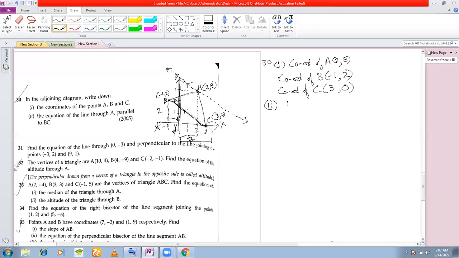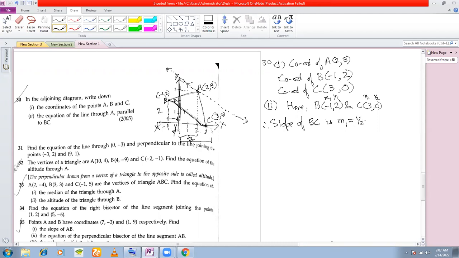So you can find out the slope. Write down the coordinates first. Here, B is -1, 2, and C is 3, 0. Therefore, slope of BC is m, let's say m1, equal to, consider this as your x1, y1, and this as your x2, y2, right?